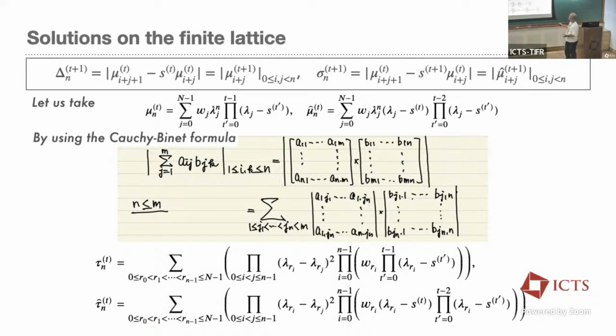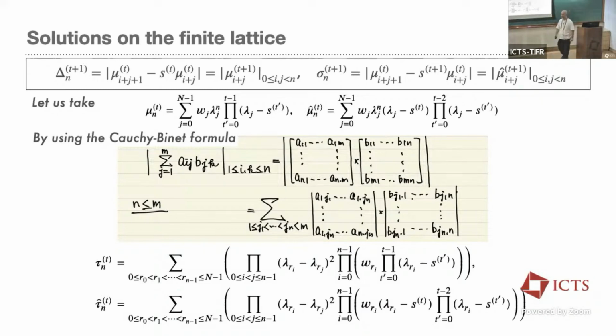And then mu and mu hat is the same. Anyway, by using this Cauchy-Binet formula, this tau function. Sorry, tau_n is, my supervisor is Hirota sensei, so I prefer the tau function. So tau_{n,t} is delta_{n,t}, and tau_n hat is sigma. Sorry, I missed a typo here.